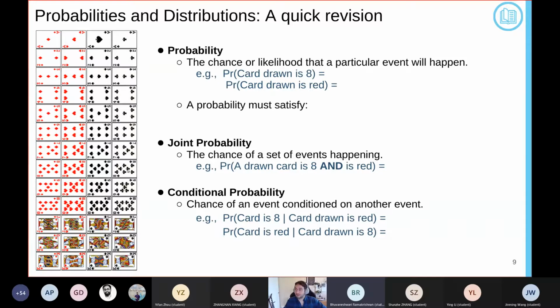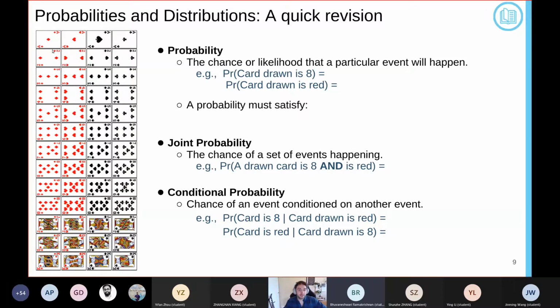We have 4 8s over... Some super quick answer. 7%, probably. So it would be 4 over how many cards do we have here?